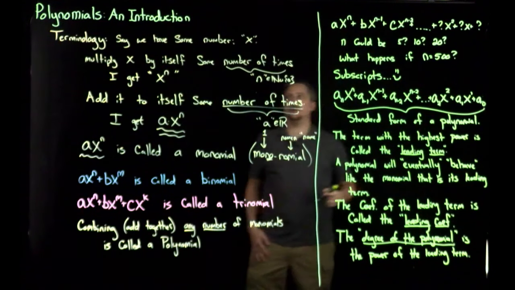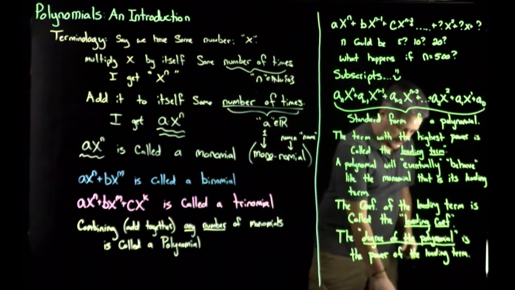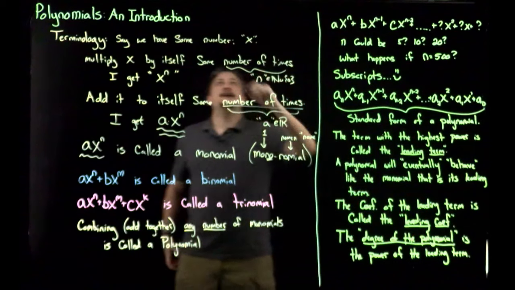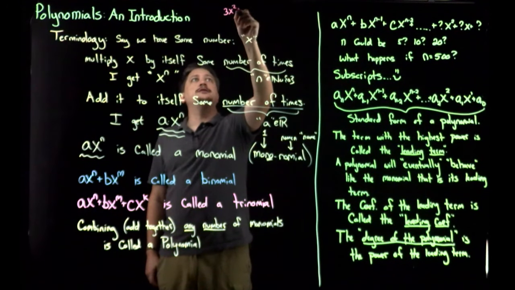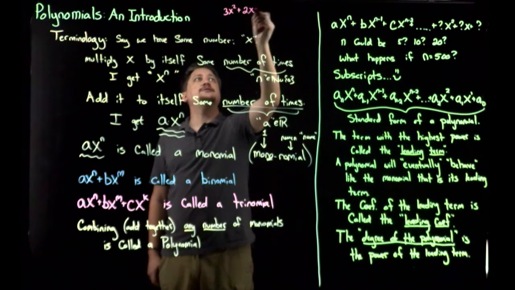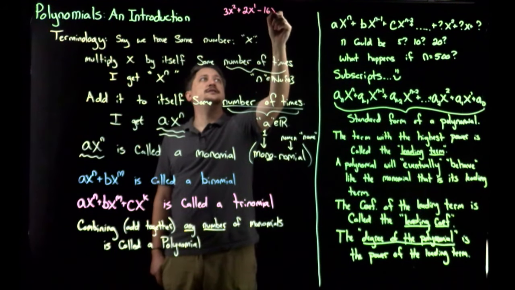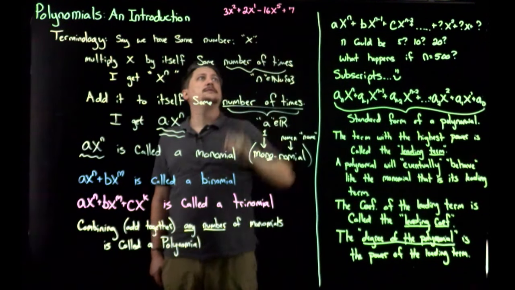So if you had the polynomial, a little out of board space here, sorry, let me write an example up here at the top. If I had an example that looked like 3x squared plus 2x to the 1 minus 16x to the 5th plus 7, right?